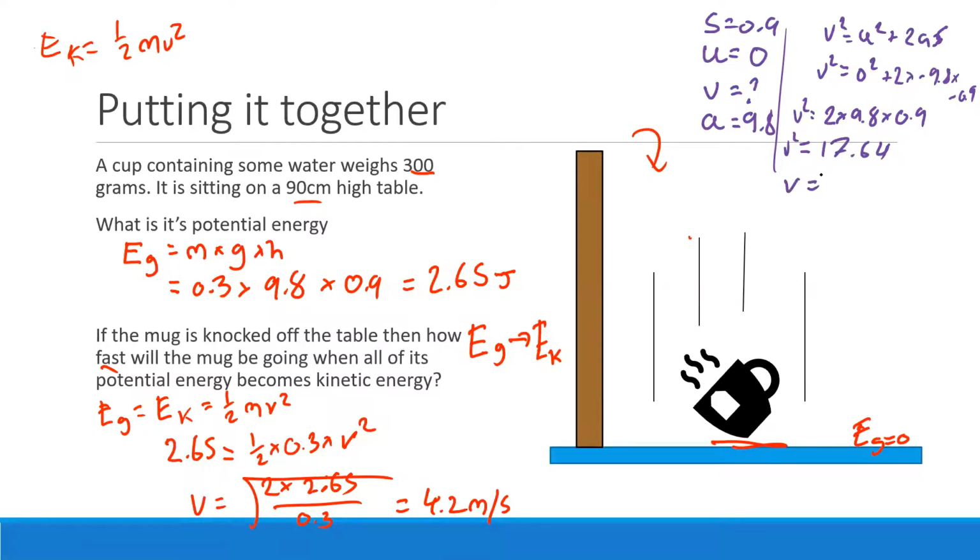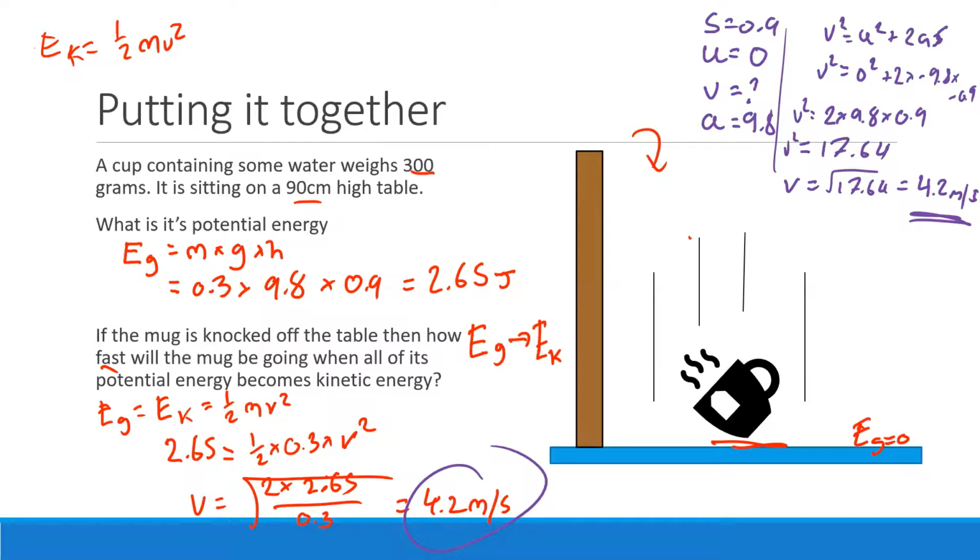So V equals the square root of 17.64, which equals 4.2 meters per second. Ladies and gents, that's what I wanted to show you guys. These answers are the same. It doesn't matter which way you do this question.